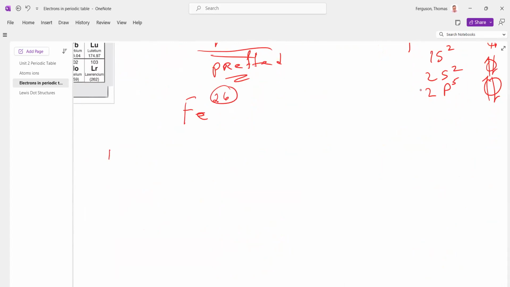We're going to go 1s2, 2s2, 2p6, 3s2, 3p6, 4s2, 3d. How far in is iron? This block here. 1, 2, 3, 4, 5, 6.